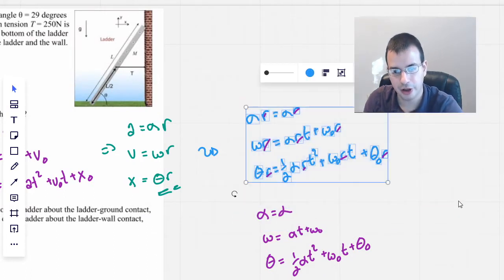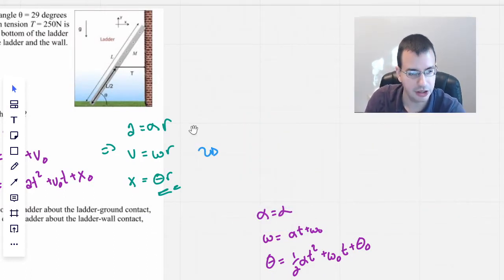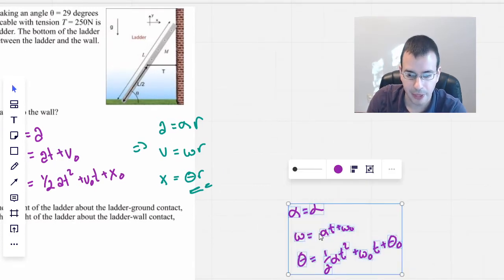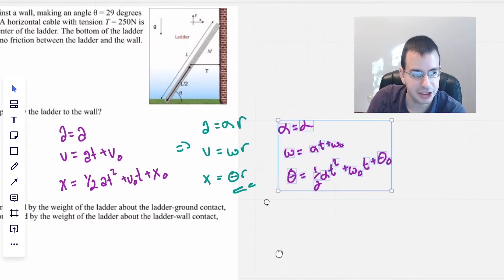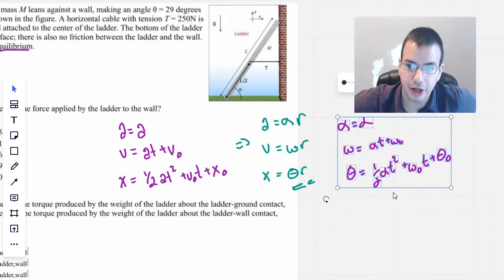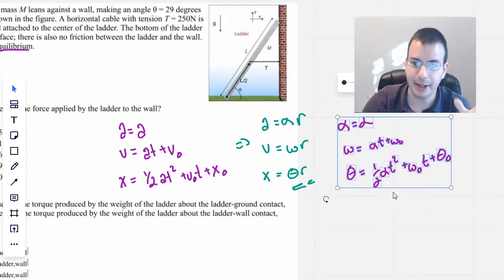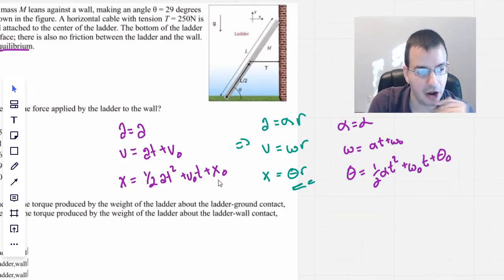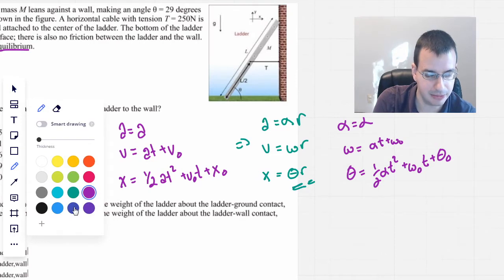Okay, so we've gone through that. Leave that up there for now. Basically we have the kinematic equations now for angular motion, and they're pretty much exactly the same. All of this should trigger in your mind that all the concepts are going to be the same.